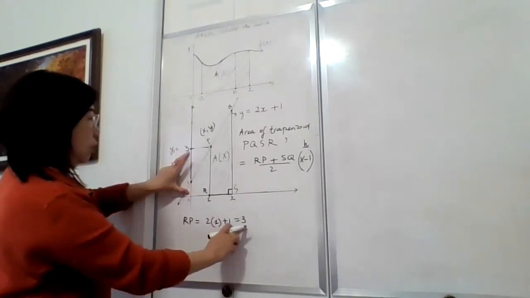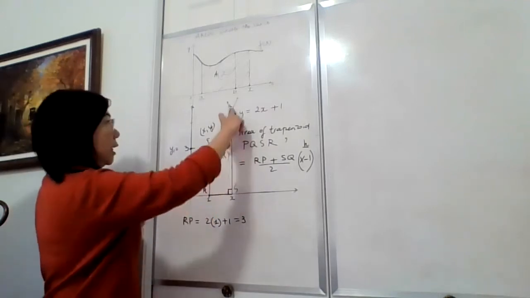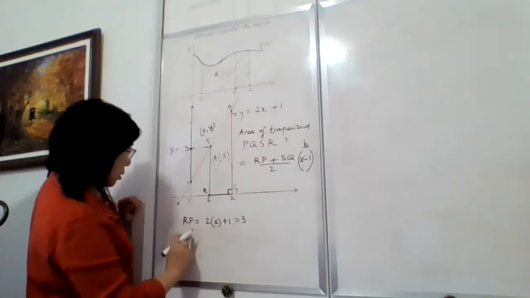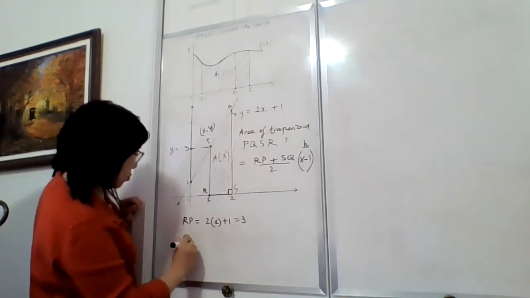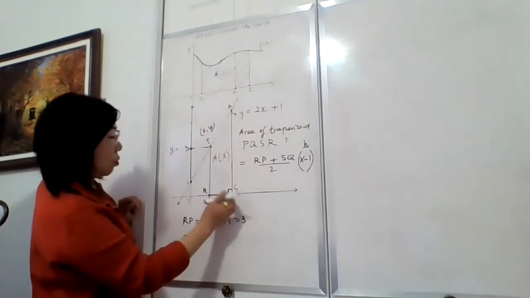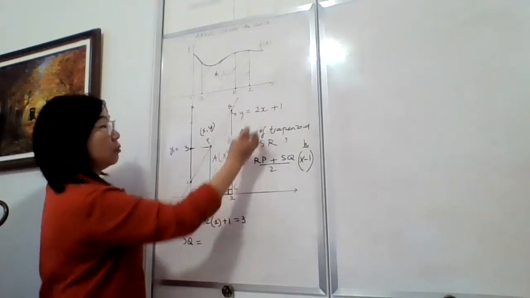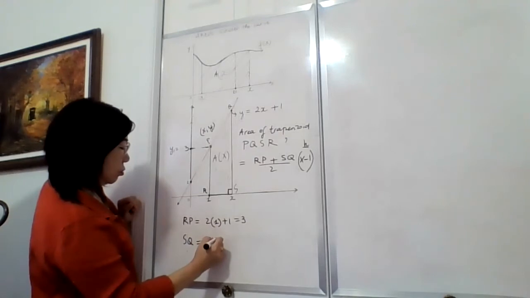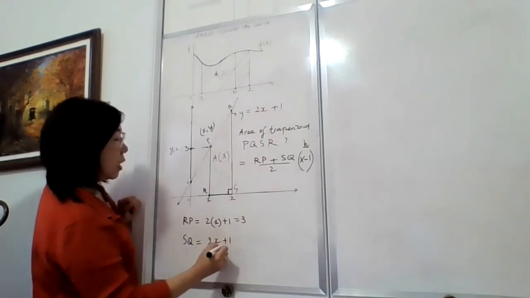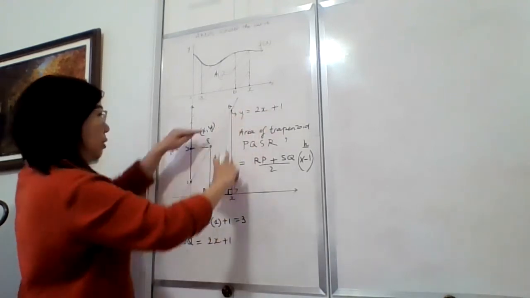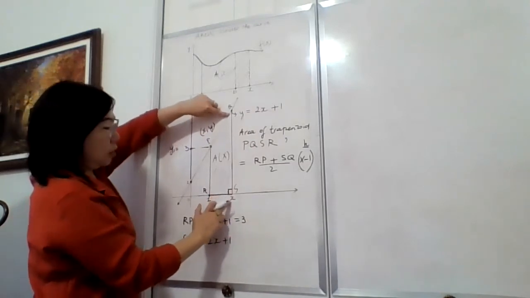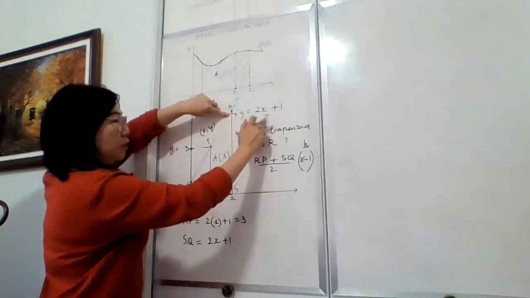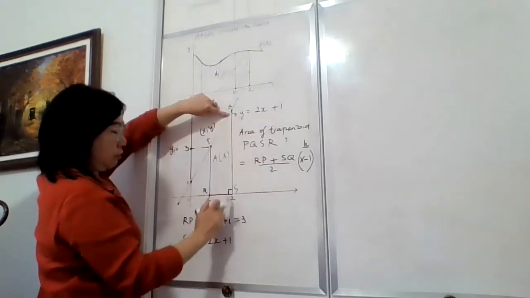Now we know that. What about the length of SQ? Let's find out. The length of SQ will be equal to, with x substituted into the function, which is just the same as 2x plus 1. So the length of this turns out, because we name this x units, we substitute in here into the function, it's just the function itself.